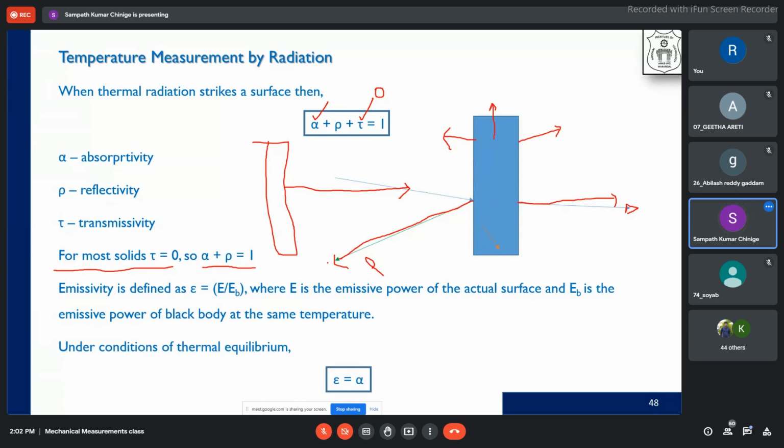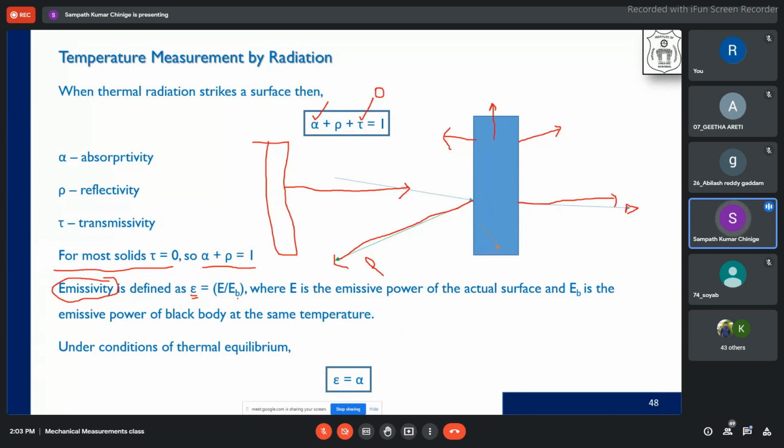Therefore, we are defining a new term called emissivity. What do you mean by emissivity? Emissivity is equivalent to the emissive power of a body divided by the emissive power of the black body. So it is like a scale.